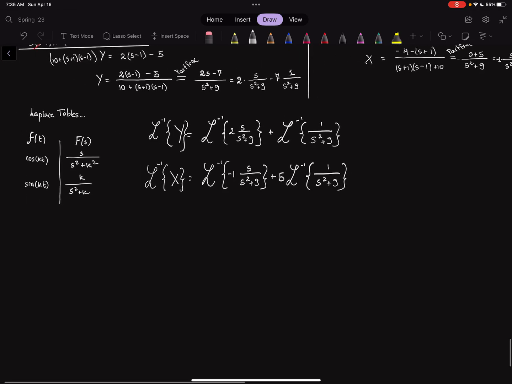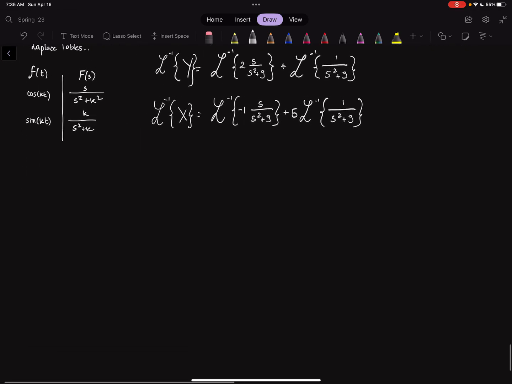So now that we have this, let's realize that by the properties of the Laplace, I can pull the constants out. So I'll pull the 2 out, and I'll pull the negative 1 out. And here the 5 is already pulled out. And then I realize this pattern matches this pretty well.